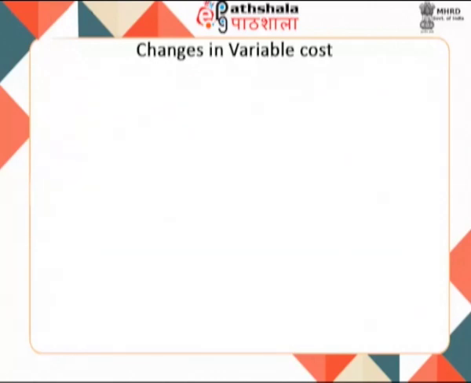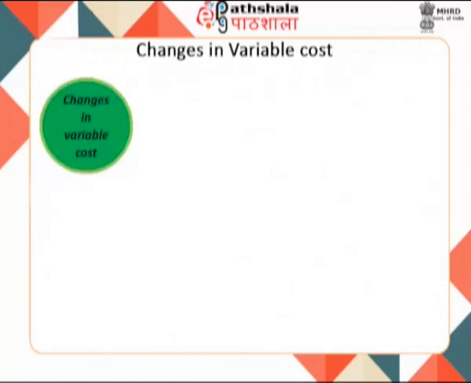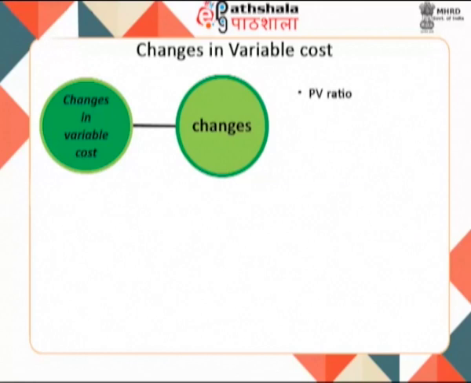The CVP chart is also used to evaluate the impact of increases and decreases in variable costs per unit. Changes in variable cost changes the PV ratio, changes the break-even point, and affect profit and loss at different volumes.